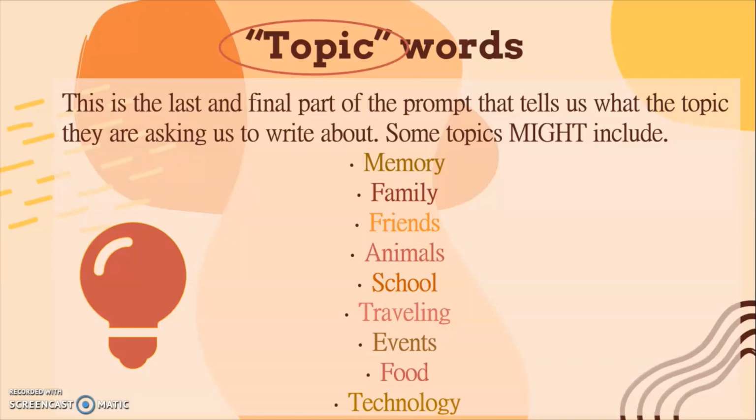So no matter what prompt we use, it's going to fall under one of these topics. And just by looking at this list, after we shape the prompt, I want you to come back and try to figure out which one of these is our topic for this week.